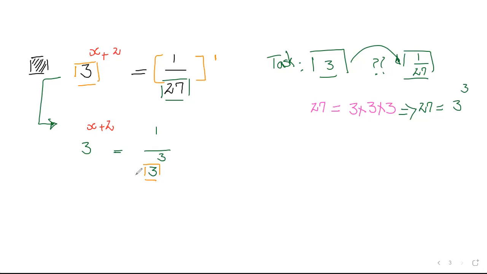Now, you ask yourself, can you do anything? The problem that we have to ask ourselves here is, can we bring whatever is downstairs, bring it upstairs, then this problem is going to be resolved? Can we do that? How?